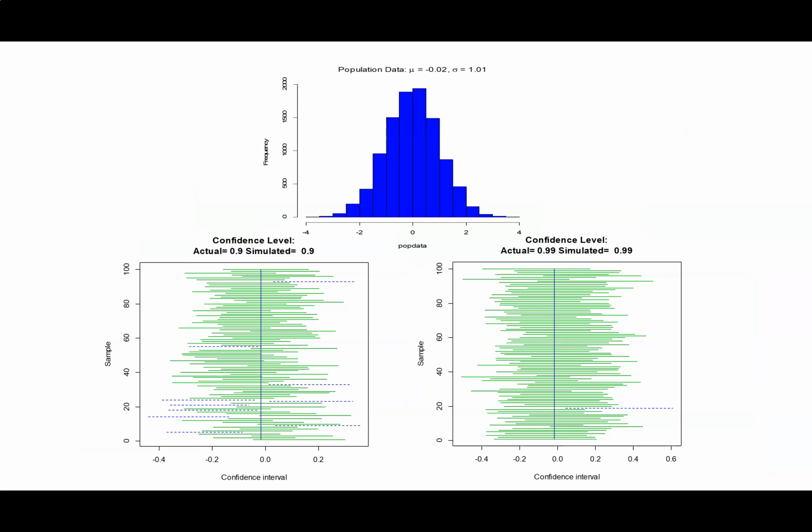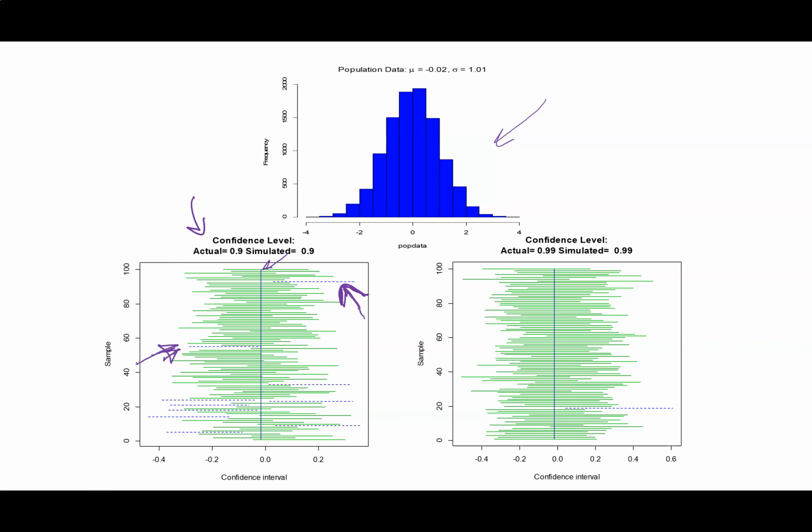So this is just another image here where it's showing, hey, here are 90% confidence intervals when we simulated from this population, and these dashed lines, they represent intervals where that interval doesn't intersect with the true value. So in this case right here, this entire confidence interval is above the actual average.